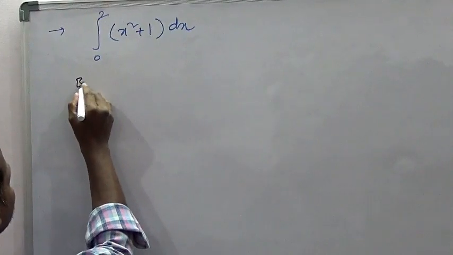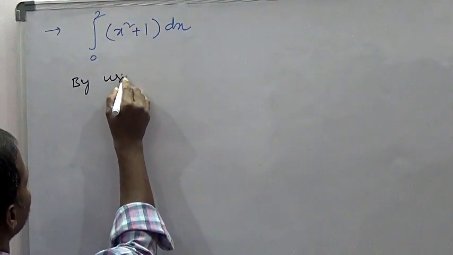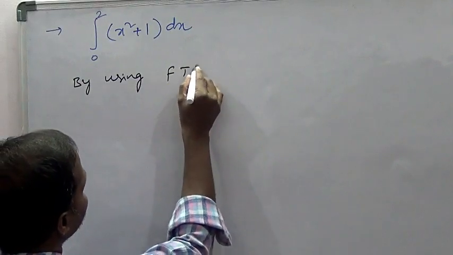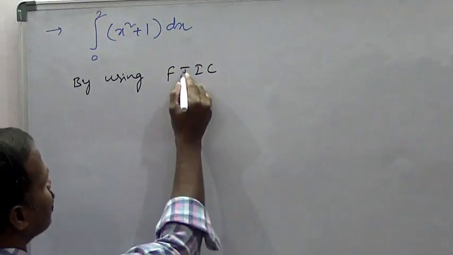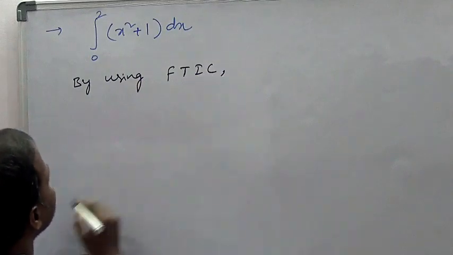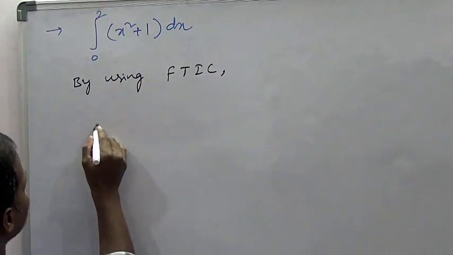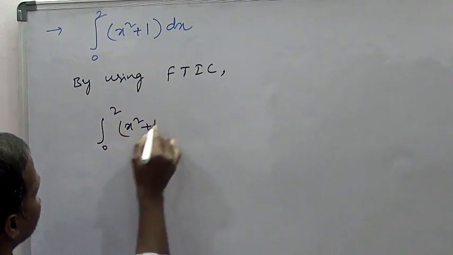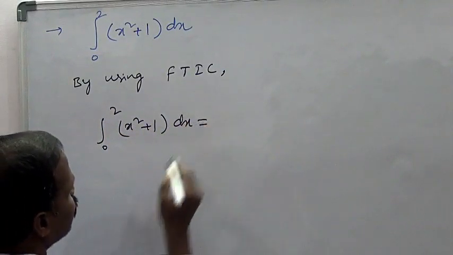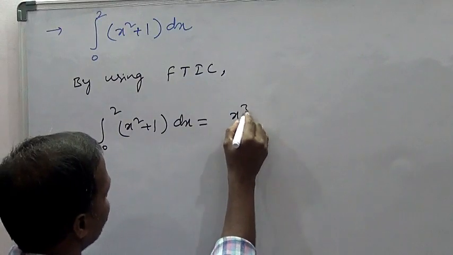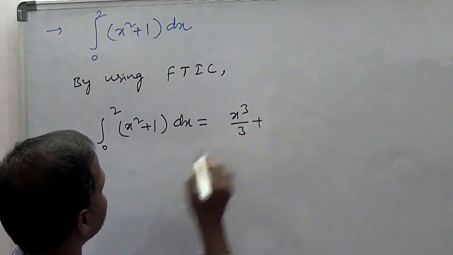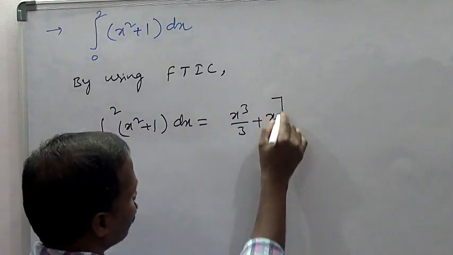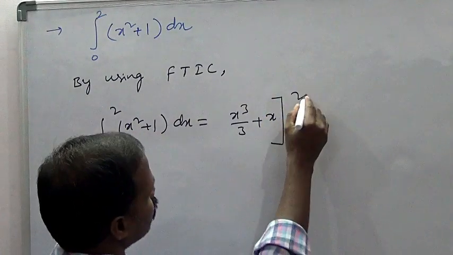So by using the fundamental theorem of integral calculus, what is the value of this one? The integral from 0 to 2 of x square plus 1 dx equals x cube by 3 plus x, from 0 to 2.